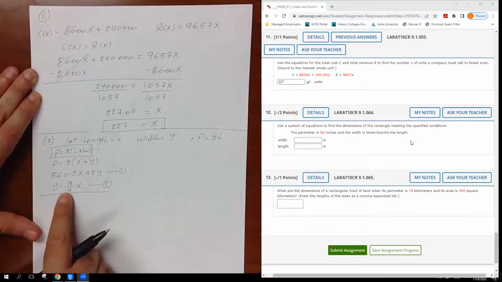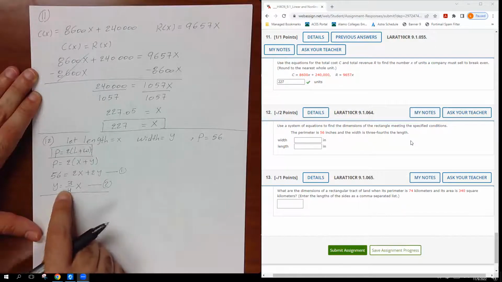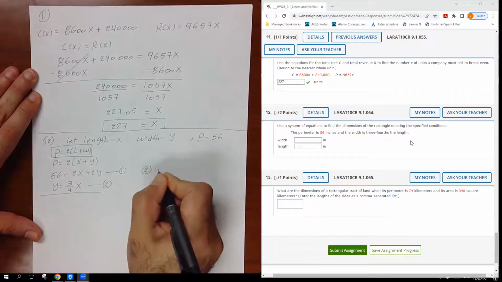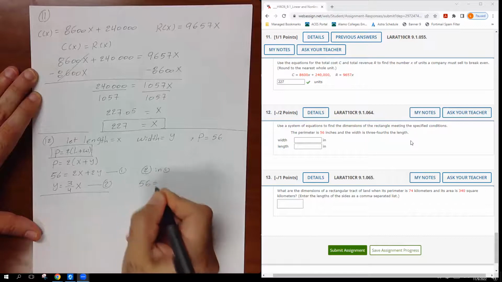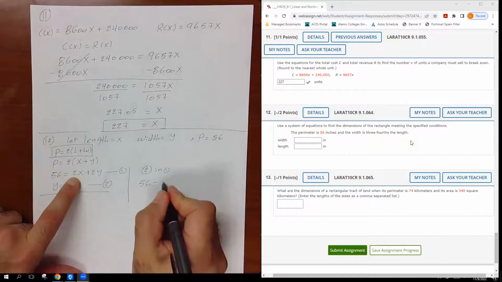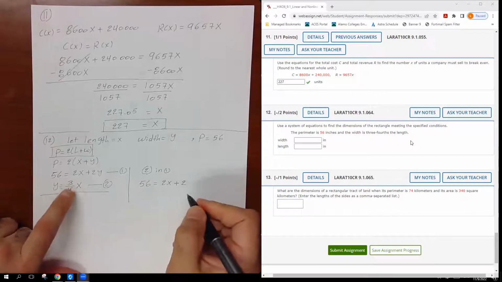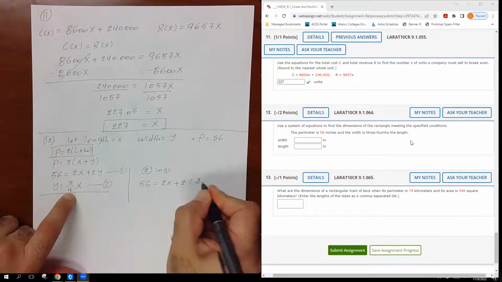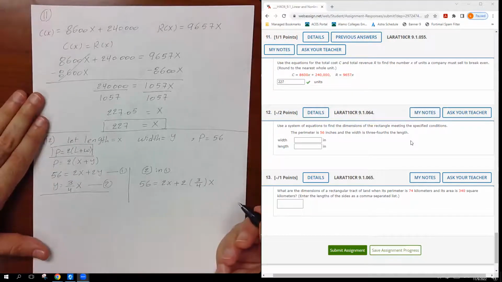Now we're going to plug in y and x into the first one. So 2 and 1 is going to be 56 equal 2x plus 2 times y, and y is 3/4x. Now let's simplify this one.